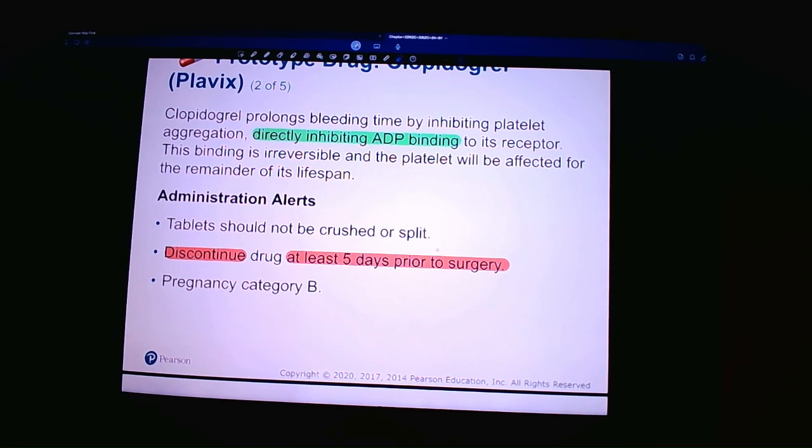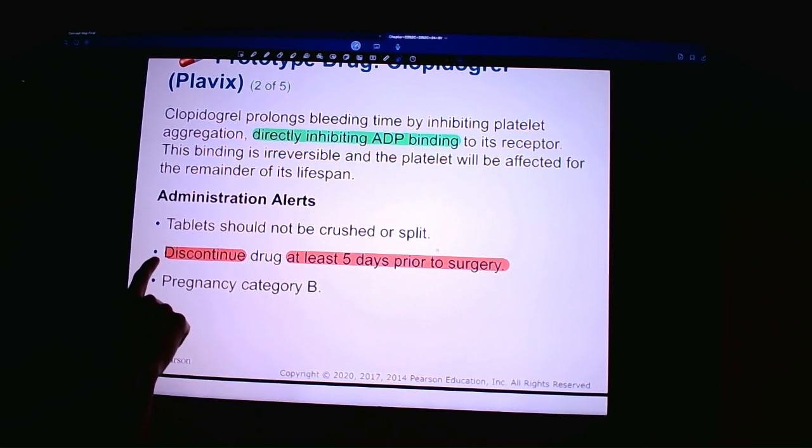But you just need to be careful because this one, once it's affected the platelet, it's with the platelet for the rest of the platelet's life. A platelet lasts 5 to 7 days, and then it passes away, and then we make a new one.